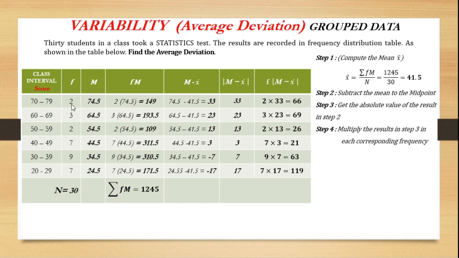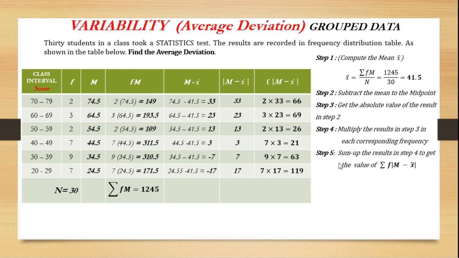If our frequency is 2, 2 multiplied to 33, that gives us 66. 3 multiplied to 23, that gives us 69. 2 times 13, that gives us 26. 7 times 3, that gives us 21. 9 times 7, that gives us 63. 7 times 17, that gives us 119.